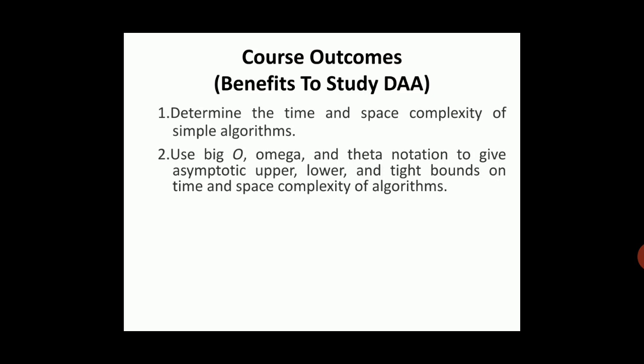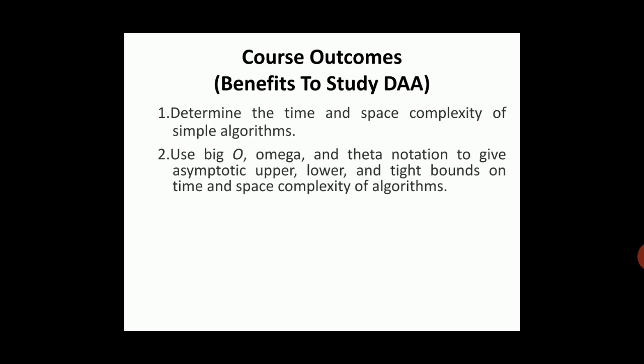Okay, because of that we use notations like omega and theta. These are the notations to discuss the complexity of the algorithm. In future we will study these asymptotic notations, and we will discuss them in the next video lecture.